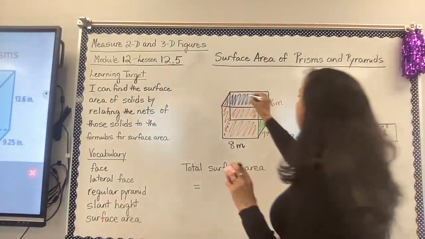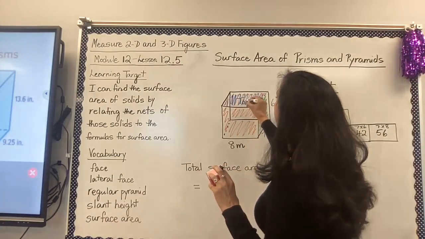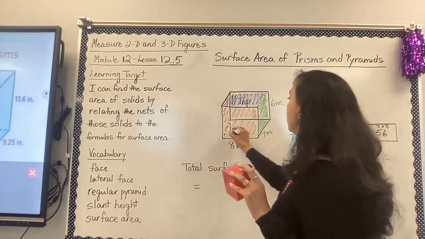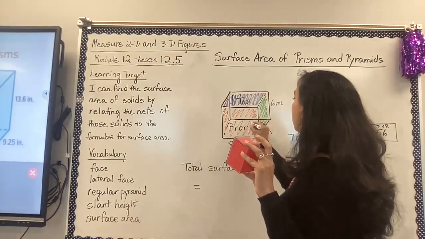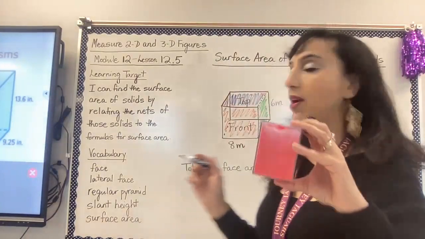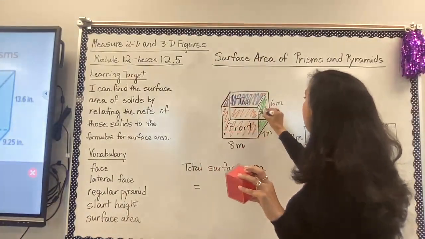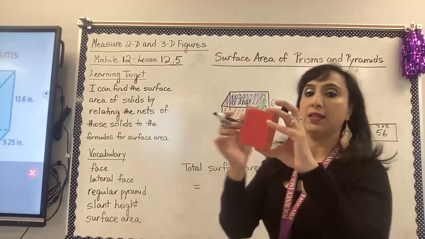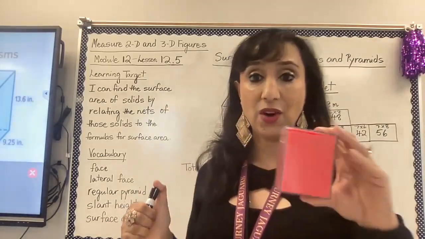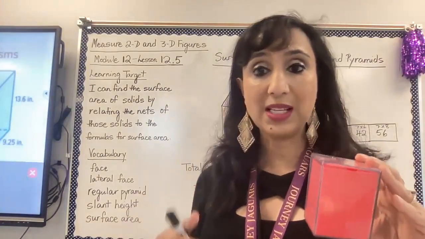So if I have a top, I also have a bottom. If I have a front, I also have the back. And if I have a side, I have another side. Because it's a hexahedron, that means there are going to be 6 faces.